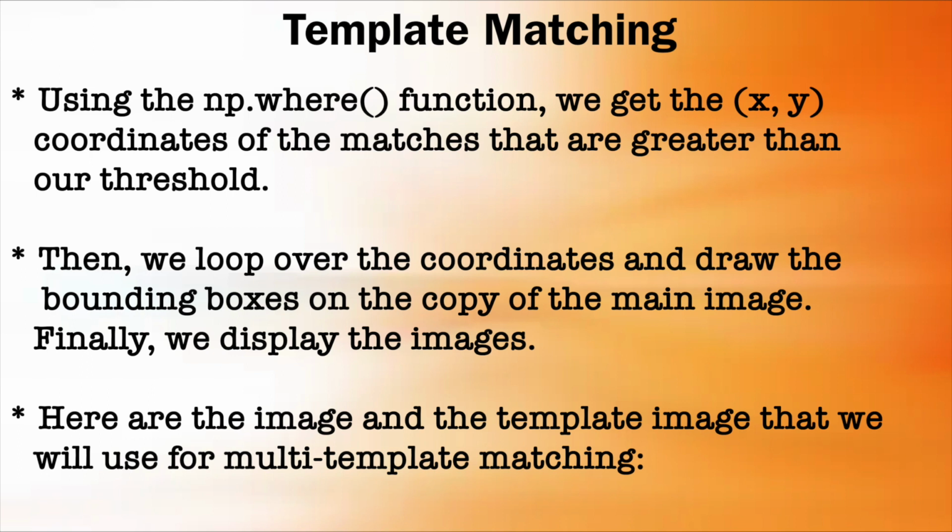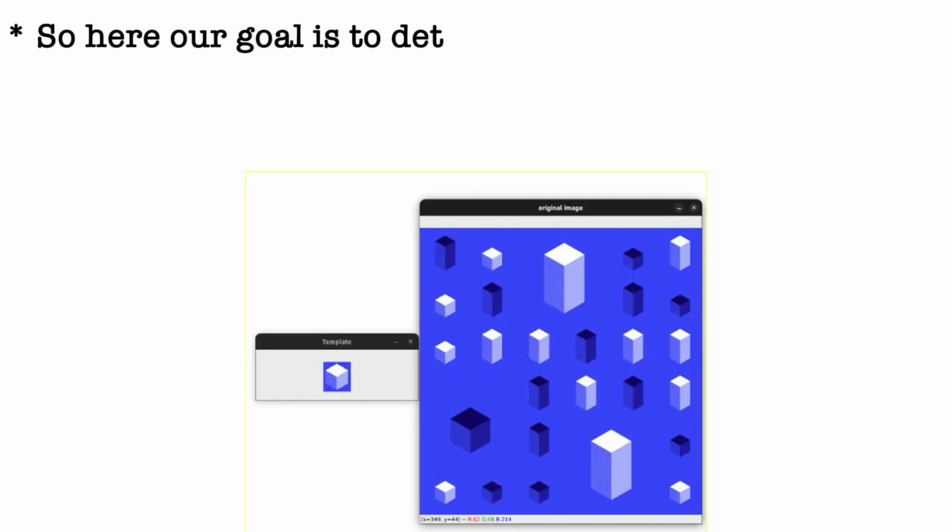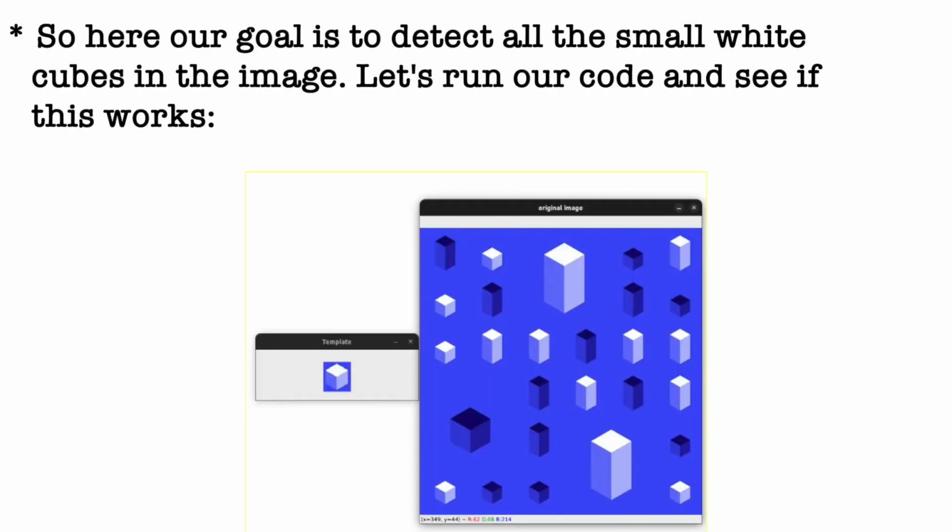Here are the image and the template image that we will use for multi-template matching. As you can see, the goal is to detect all the small white cubes in the image. Let's run our code and see how it works.